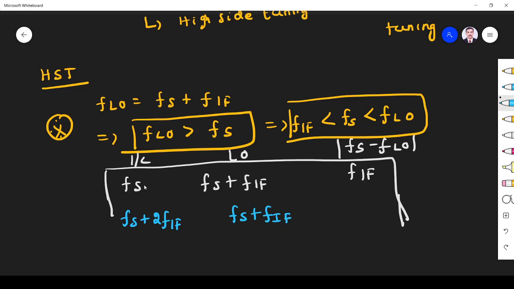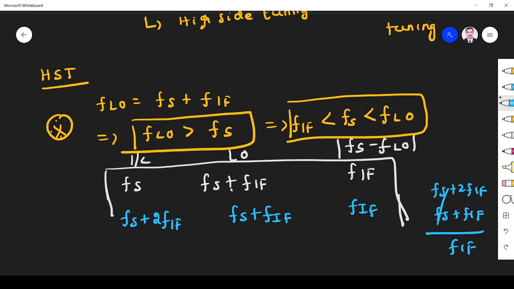So instead of the desired signal, if this signal for another channel comes to the receiver, what is the intermediate frequency? FS is FS plus 2 FIF, and FLO is FS plus FIF. If I subtract, what I get is FIF. So I get the same intermediate frequency.